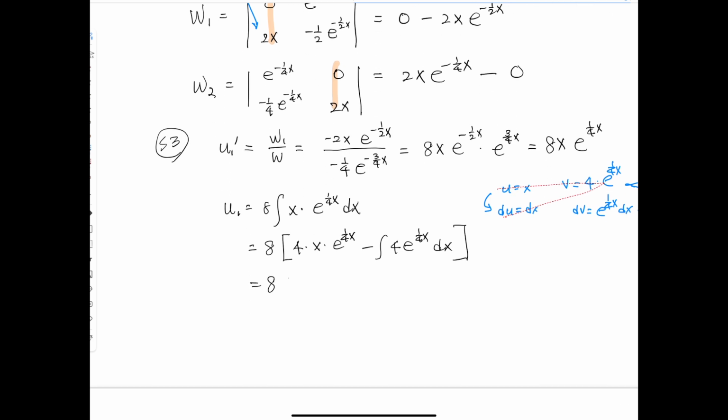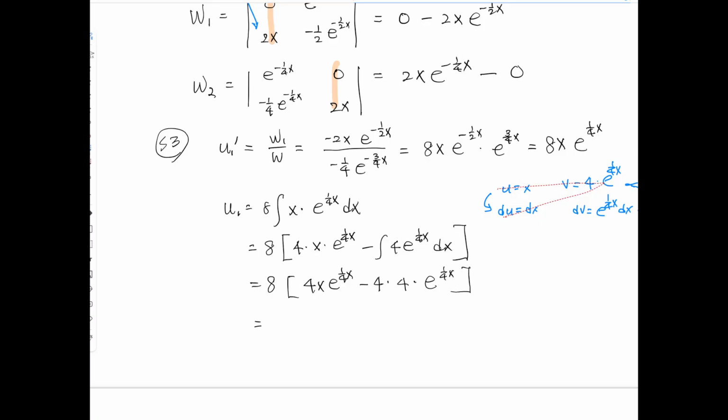That is 8 times 4x e to the power of 1 over 4x minus 4 times 1 over 1 over 4, that is 4 again, e to the power of 1 over 4x.